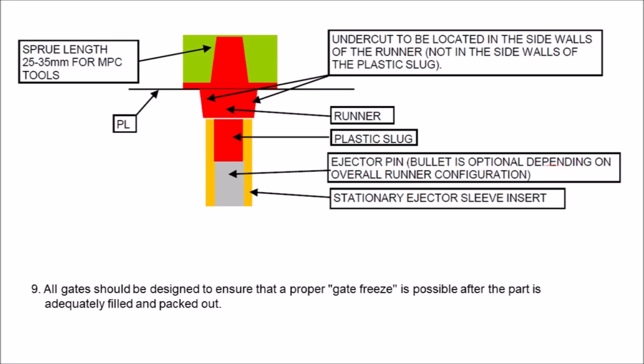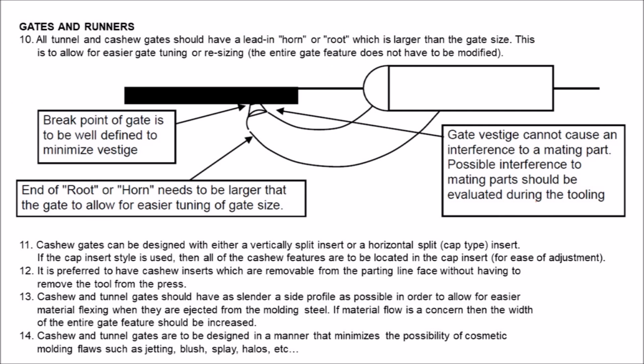All gates should be designed to ensure that a proper gate freeze is possible after the part is adequately filled and packed out. 10. All tunnel and cashew gates should have a lead-in horn or root which is larger than the gate size. This is to allow for easier gate tuning or resizing. The entire gate feature does not have to be modified.